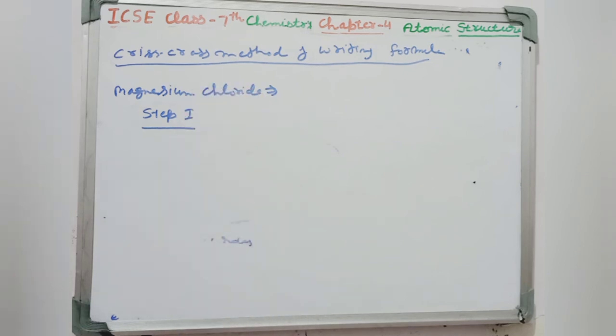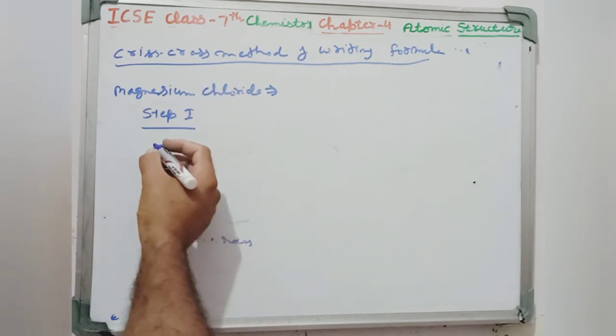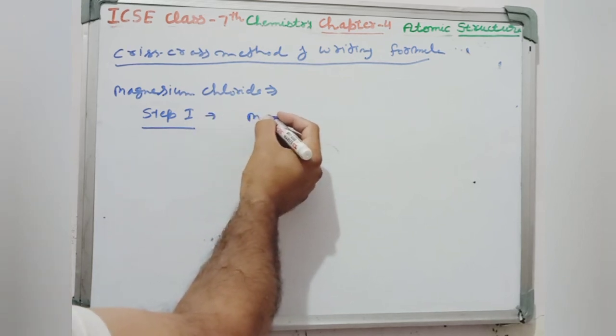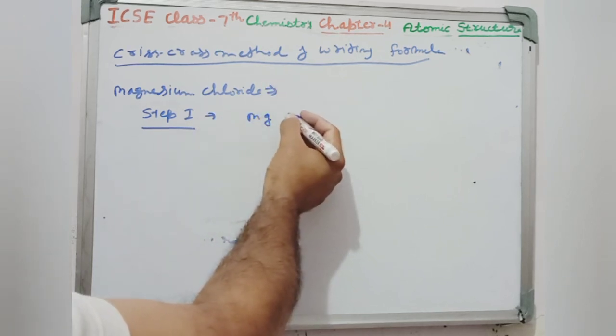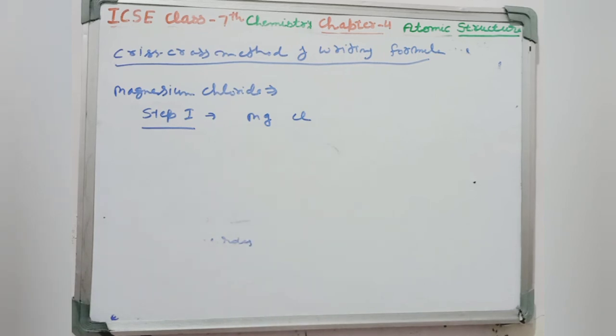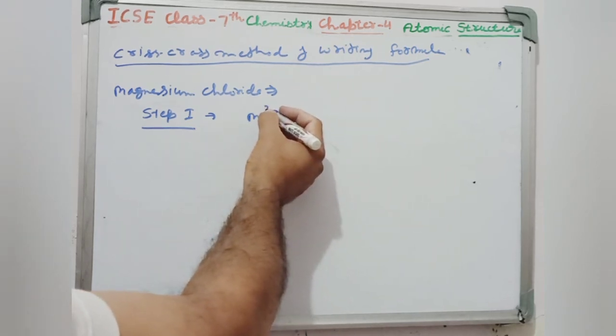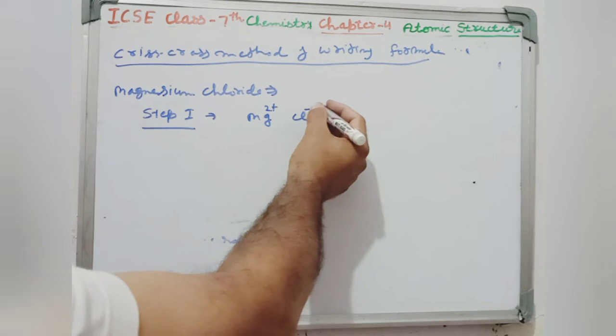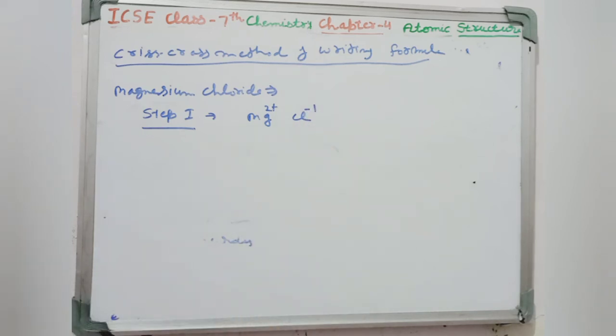In magnesium chloride, magnesium is 2 plus, positive, and chloride is negative. I write it here, right?